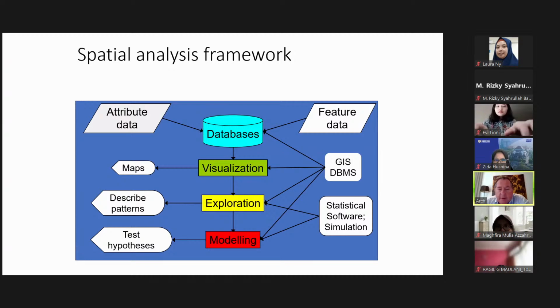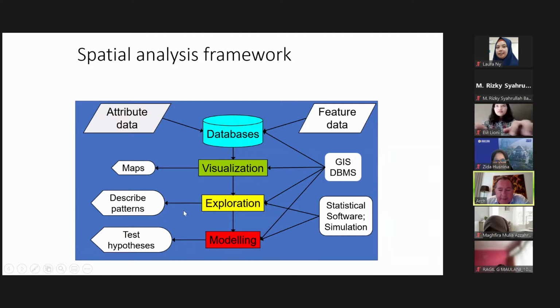There's exploration, which is doing a detailed exploration of the disease data to test hypotheses around things like disease clustering. And there's modeling, where you build models to better understand disease processes and potentially to predict the distribution of disease. All of that is underpinned by data, which includes attribute data, typically disease data in spatial epidemiology, and feature data, which is typically information about the physical environment.